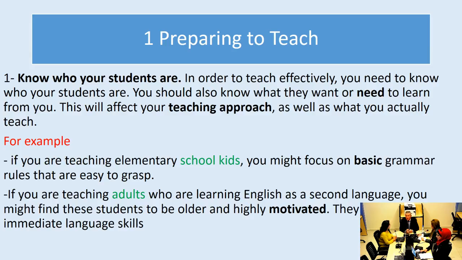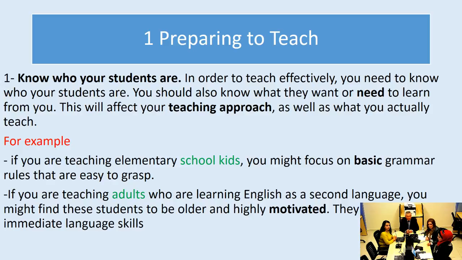We move to know who your students are. Ms. Hanadi, please. First, know who your students are. In order to teach effectively, you need to know who your students are. You should also know what they want to learn from you. This will affect your teaching approach as well as what you actually teach.